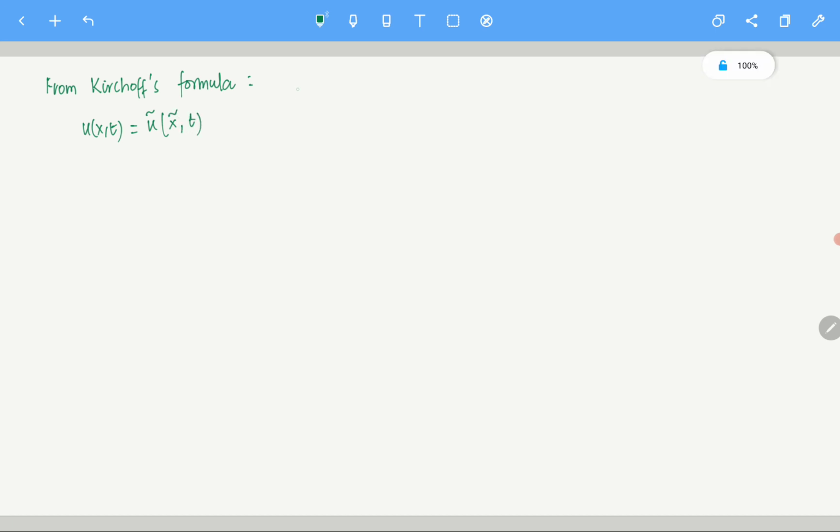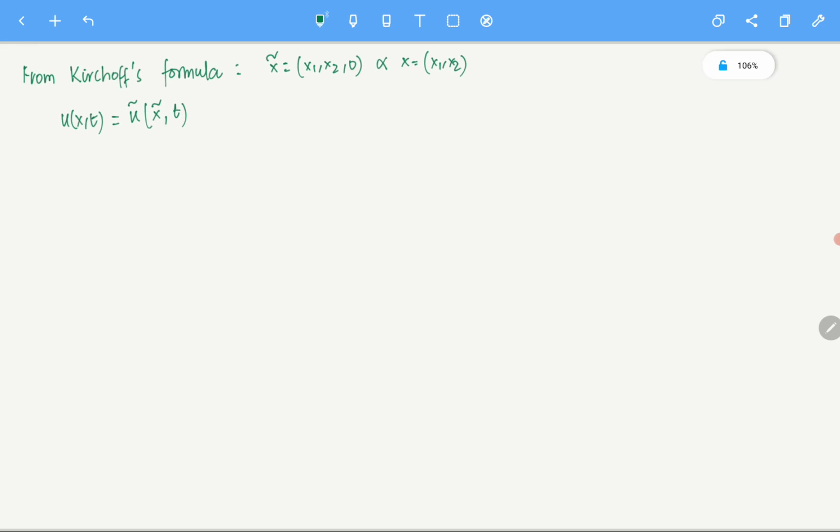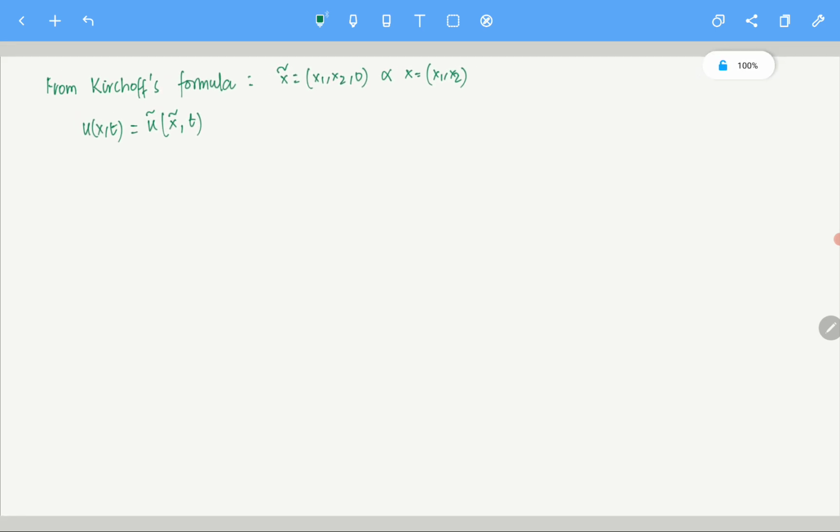Where, let me write here, x tilde I will write as x1, x2 and 0, and x is x1, x2. So basically, I will just take the third variable to be 0. So u of x, t is u tilde of x tilde, t. Sorry, not t tilde, t is t.